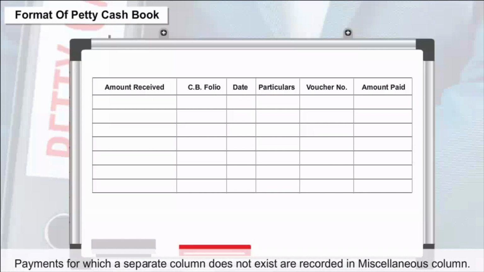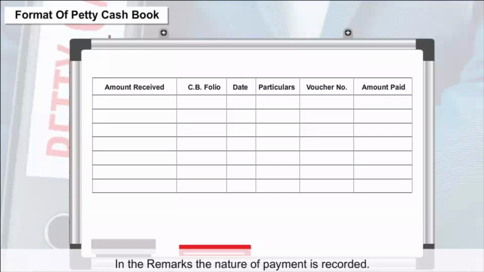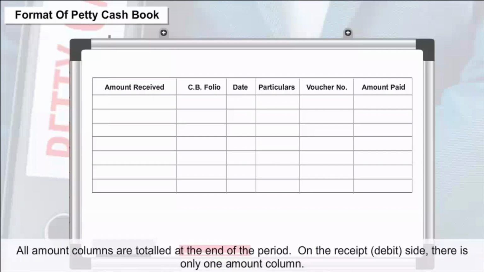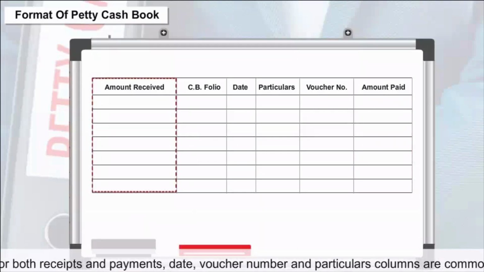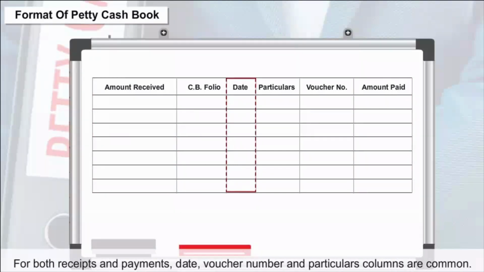Payments for which a separate column does not exist are recorded in the miscellaneous column. In the remarks, the nature of payment is recorded. All amount columns are totaled at the end of the period. On the receipt or debit side, there is only one amount column. For both receipts and payments, date, voucher number, and particulars columns are common.